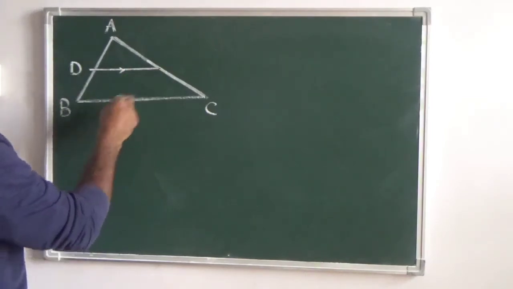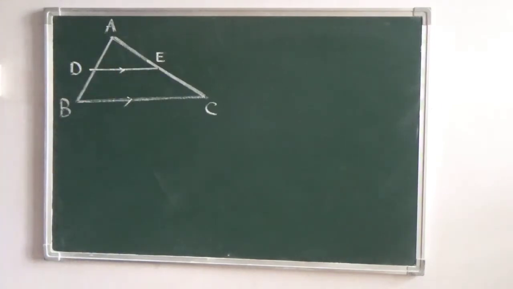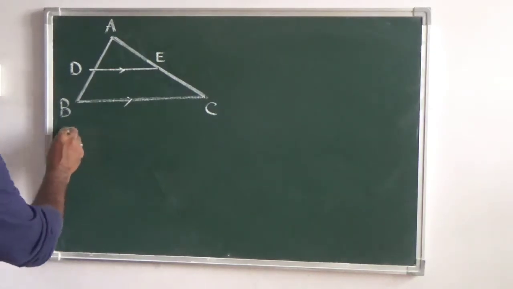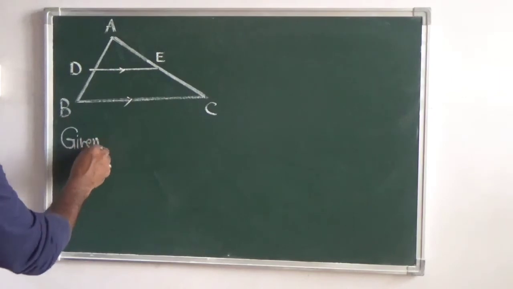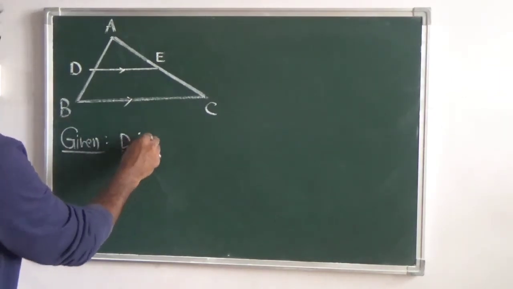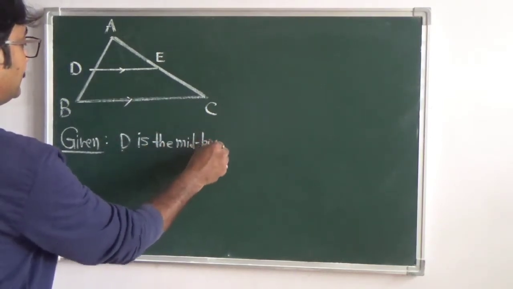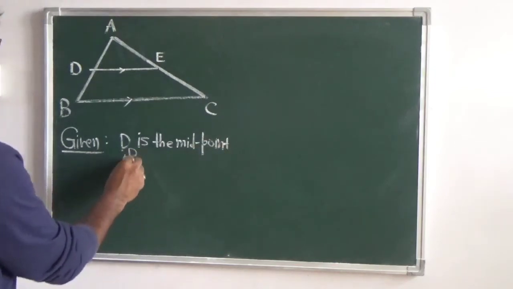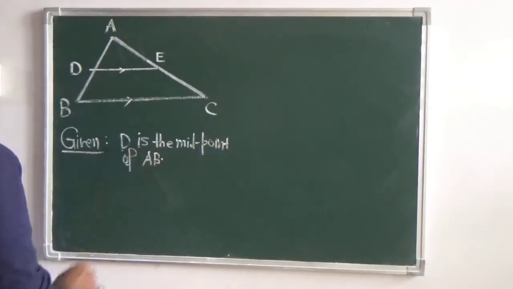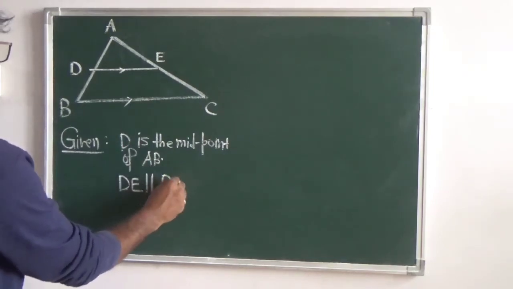This line is parallel, meeting at E. Now here also we need to do some construction. So first of all we write down what is given here. What is given? D is the midpoint of AB and DE is parallel to BC.